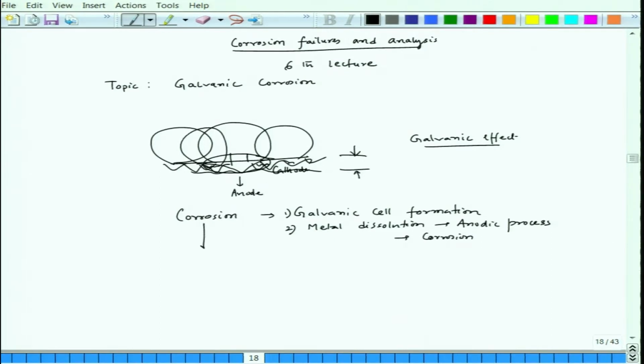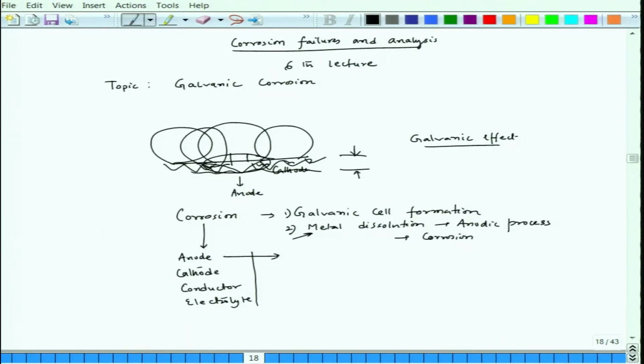But as we know, corrosion has four parts: anode, cathode, conductor and electrolyte. Fine. So, out of these four parts, this talks about this particular phenomenon, but all the parts are required, otherwise corrosion may not take place.